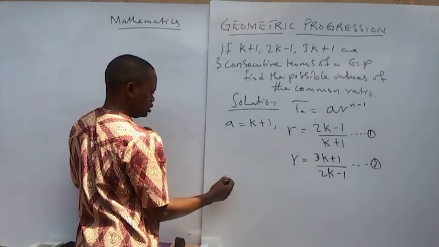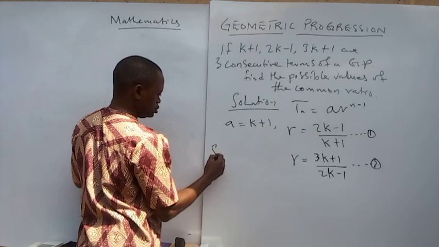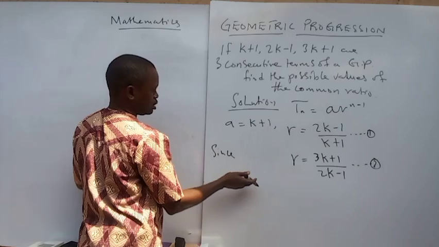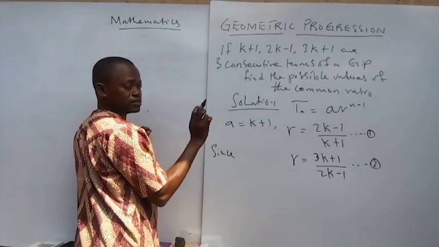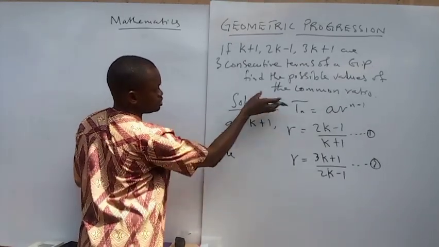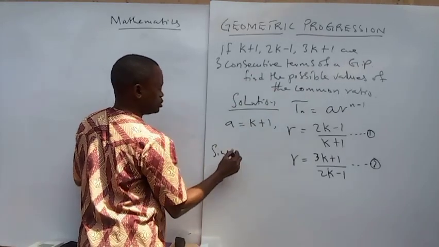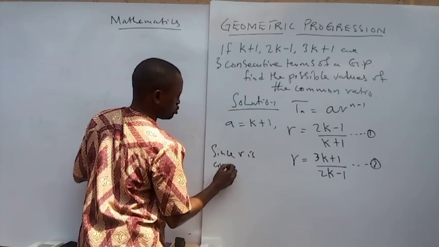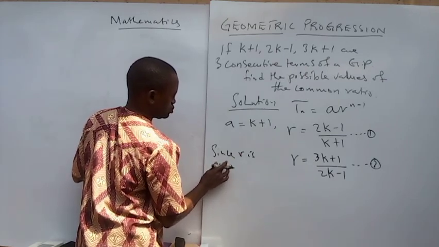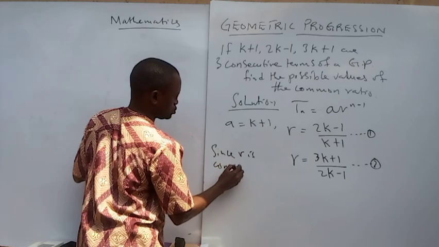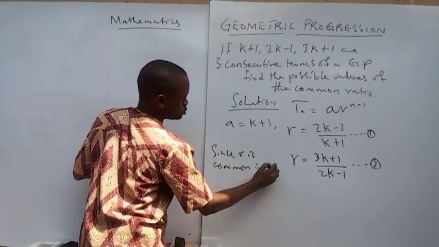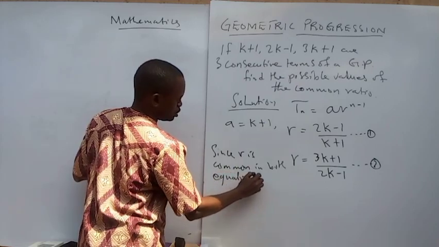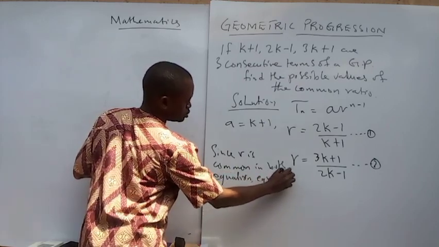That's my argument there. Assuming this is a JAMB question, you don't need to show all the working; what they need is your accuracy in the result. But assuming this is a theory question where you need to show all the working, you can say: since r is common in both equations, equate them.